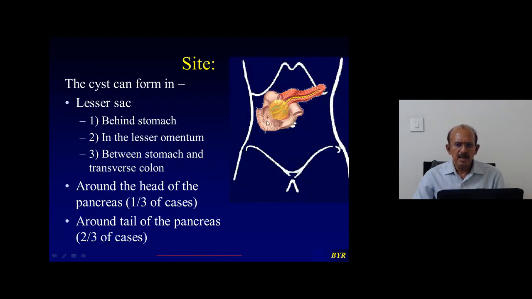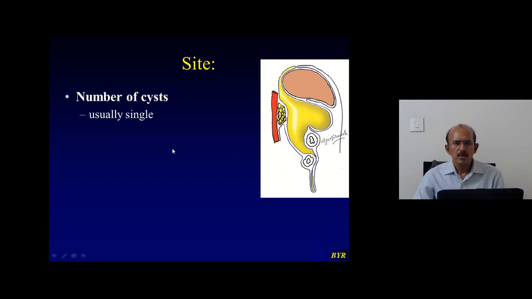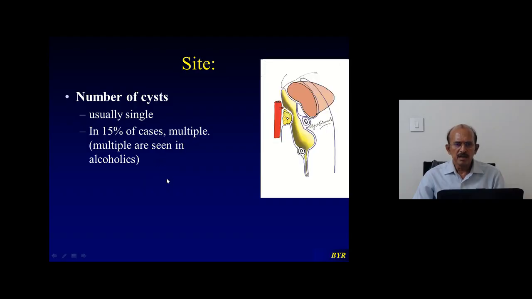So it can be there in the head of the pancreas. Number of cysts: usually single. In 15% of the cases, multiple. Usually multiple are seen in the alcoholics.